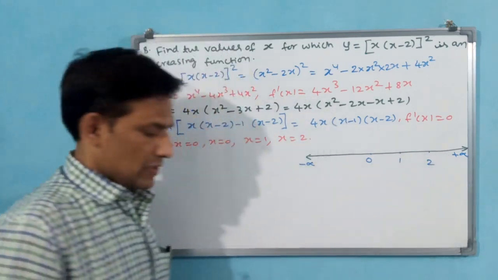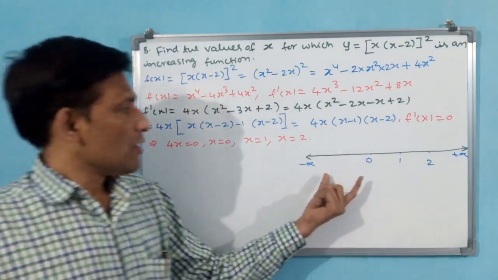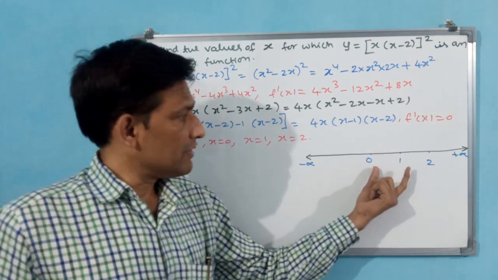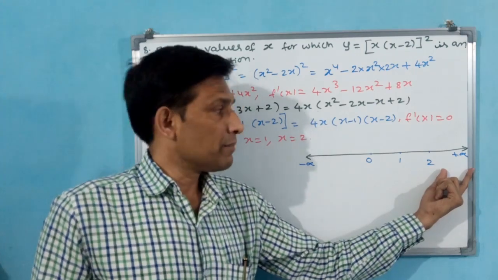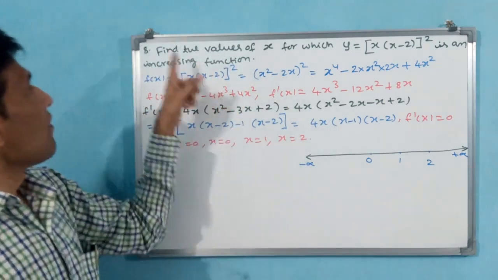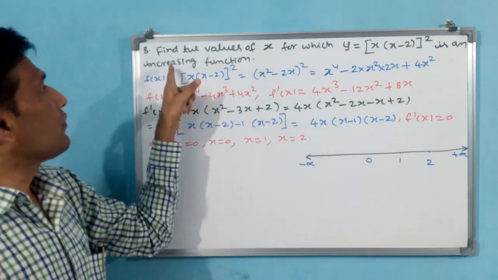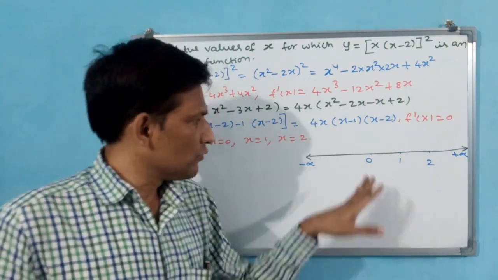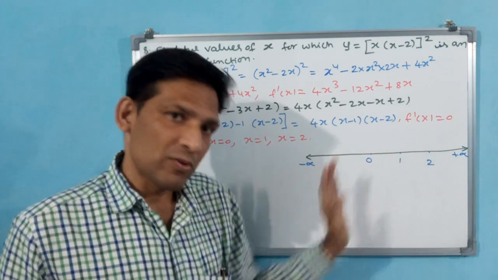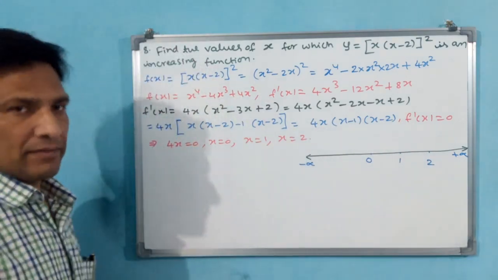Minus infinity to 0 is one interval, 0 to 1 is one interval, 1 to 2 is one interval, 2 to positive infinity is one interval. They are asking for the increasing function values. If decreasing ones are there, you do not write them; only where increasing are coming, those you write.